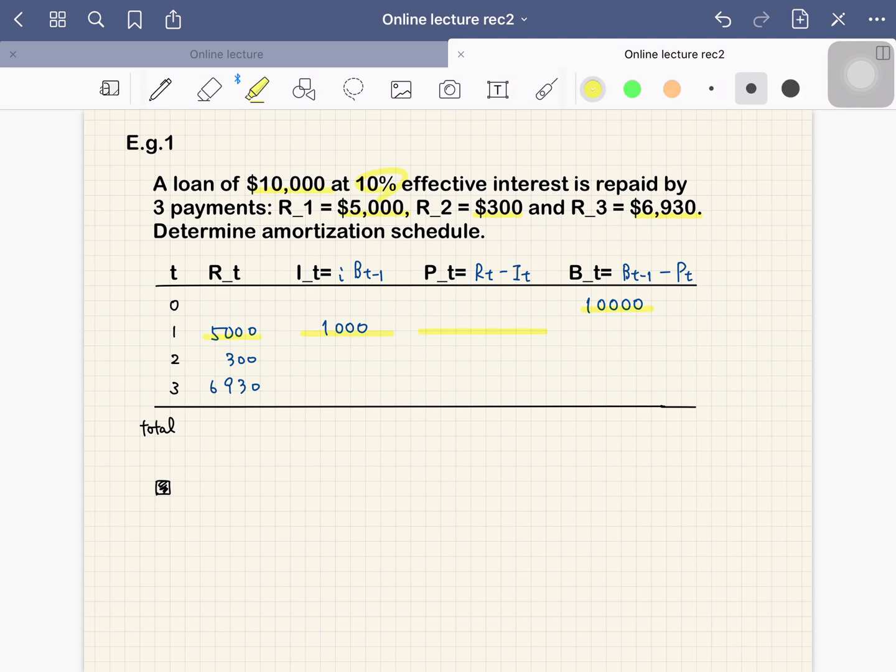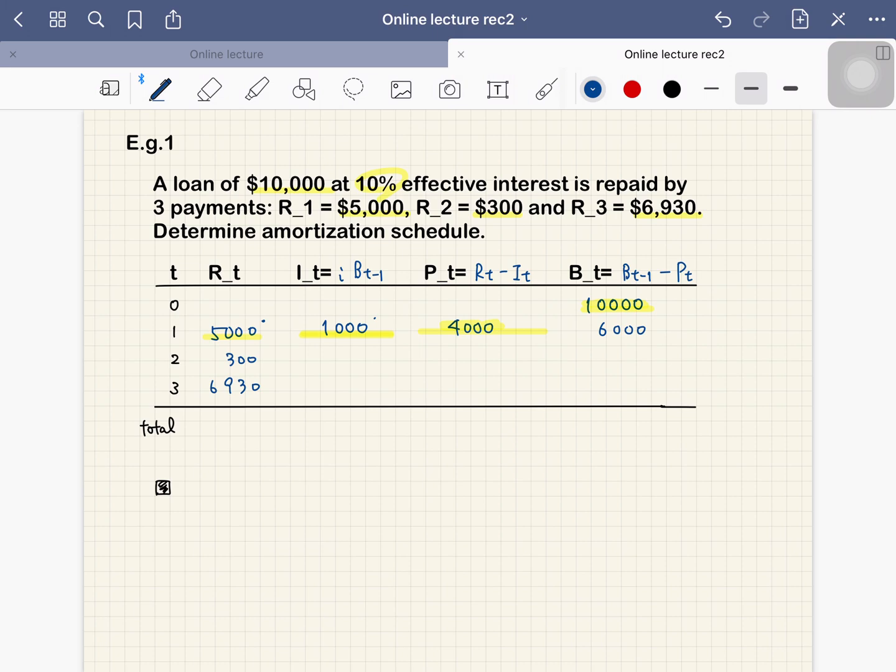Total payment is 5,000 and interest is 1,000, so the remaining amount is 5,000 minus 1,000, so $4,000. So now the balance at time 1 is $10,000 minus $4,000. So this is $6,000.